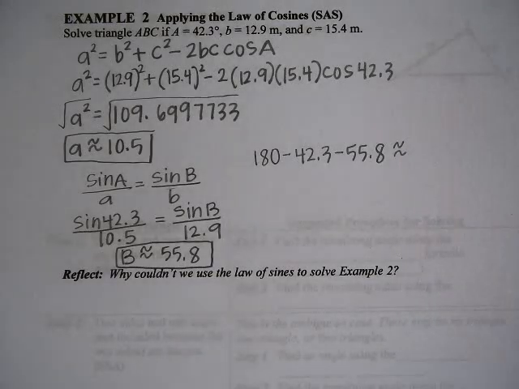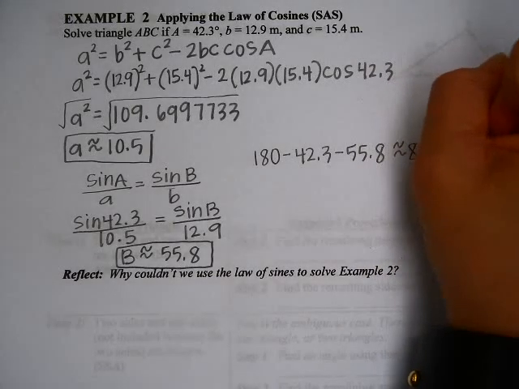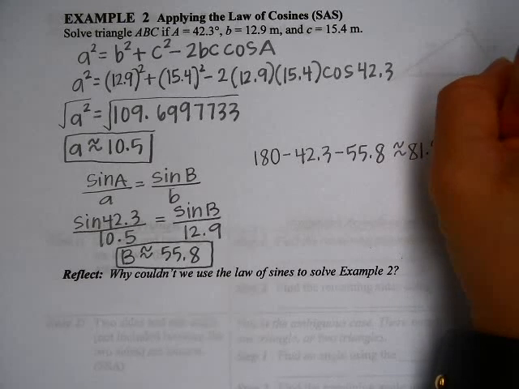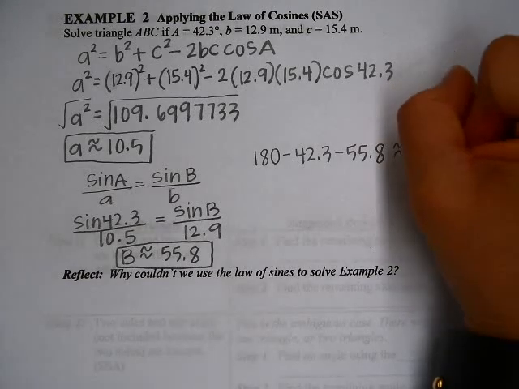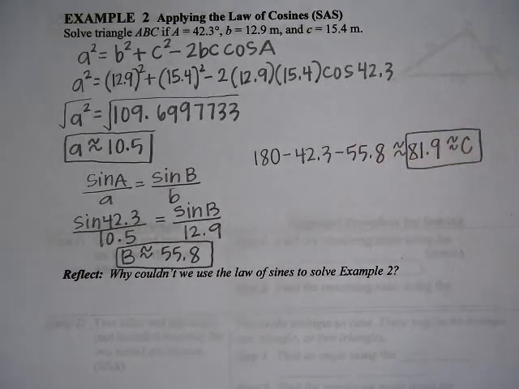And what do you get? Are you getting 81.9? It's possible that it might be a smidge different, but it shouldn't be much. I mean, it should still round to be the same thing. 80.8? Shouldn't be off that much. Let's see.